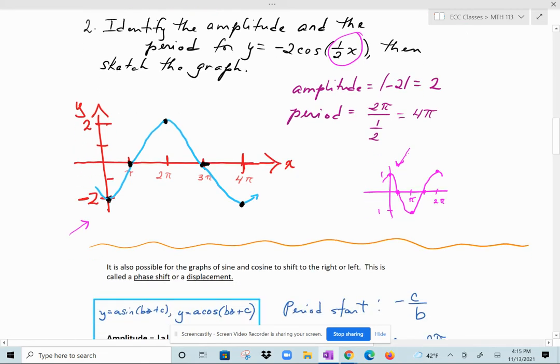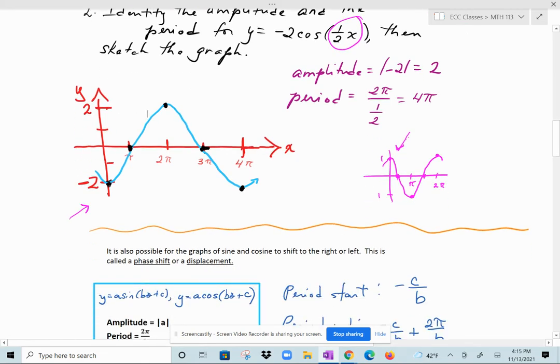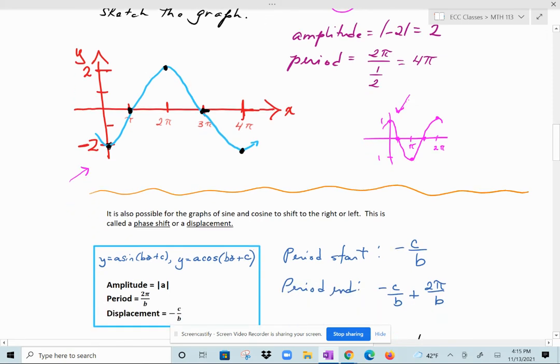So the shapes again will be the same. We'll have these wave shapes, but it will start either to the left of the y-axis or to the right. And the general format of those functions will be y equals a times sine b theta plus c.